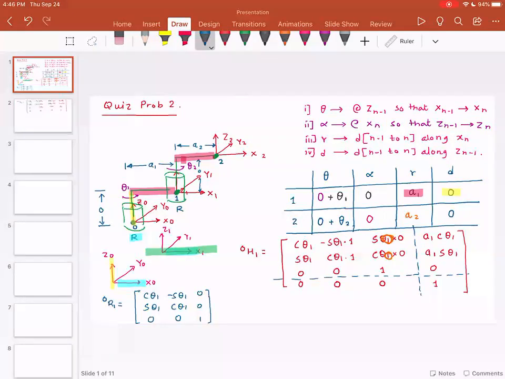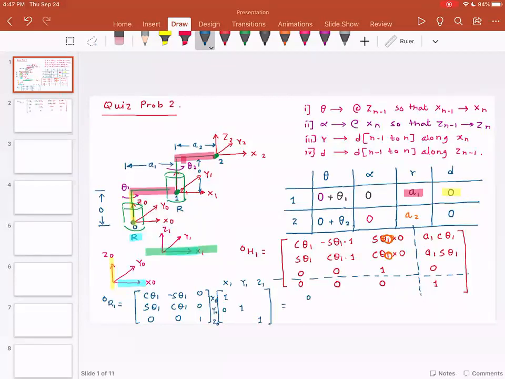Multiplied by a projection matrix. And in the projection matrix, please note that you will have x1, y1, z1 and x0, y0, z0. x1 is aligned with x0, y1 is aligned with y0, z1 is aligned with z0.